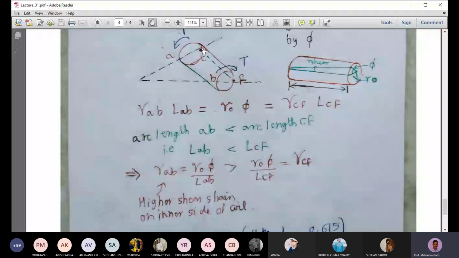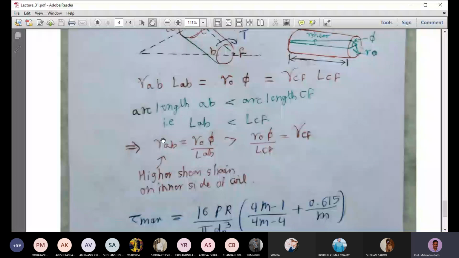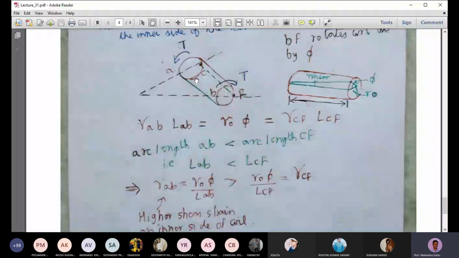CF prime will make a lower angle with the horizontal compared to AB prime. So the highest shear strain occurs on the inner side of the coil. When there is a higher shear strain, there will be correspondingly higher shear stress. This is another reason why failure usually occurs in the inner part of the coil.